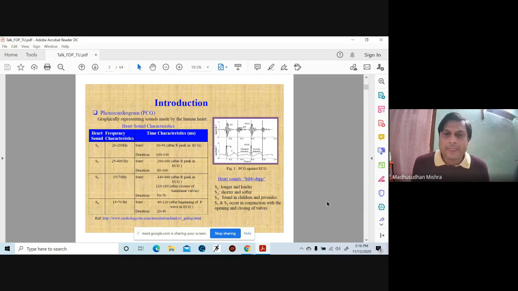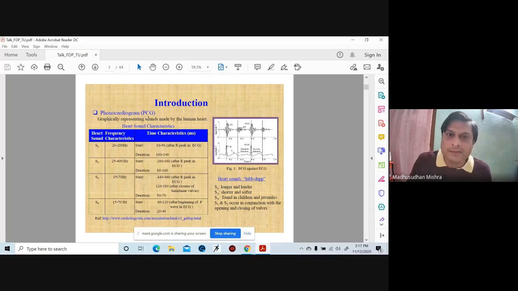So just to start with, let me start with the basic keyword, that is heart sound signals, that is the phonocardiogram signal. So when we talk of the phonocardiogram signal, basically it's the heart sound recording. It's quite different from the ECG signal.